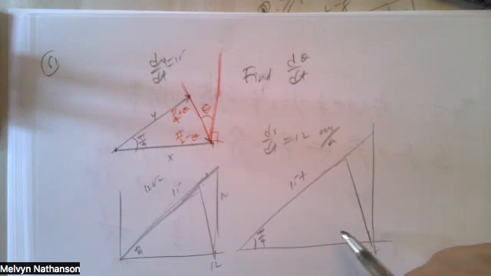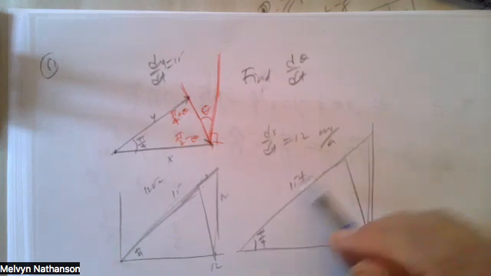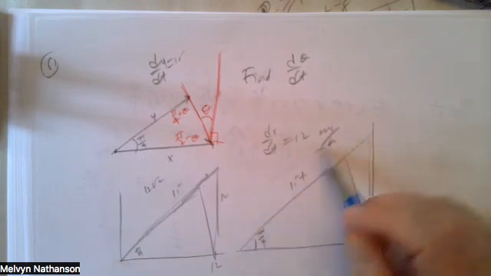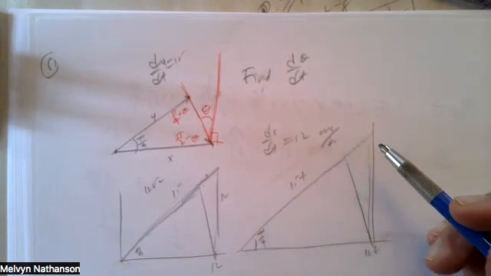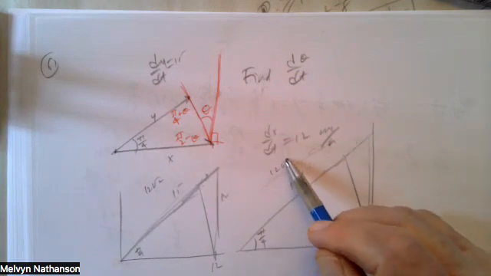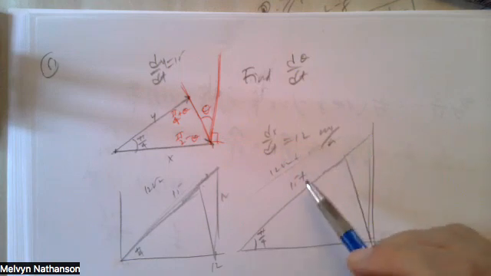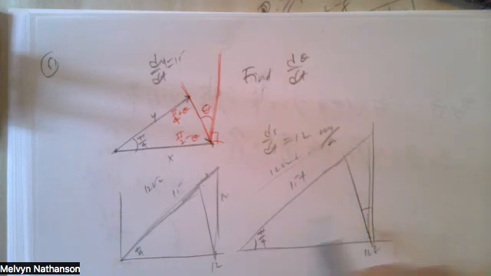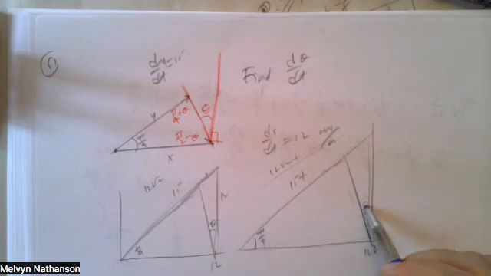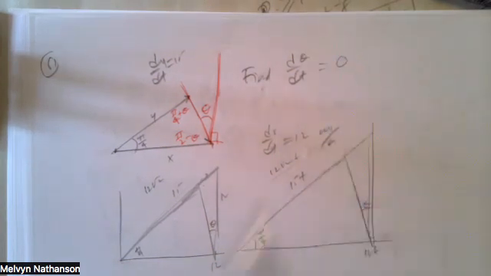And this distance is 12 times the square root of 2 t. So these triangles are always similar, and this angle is not going to change. So d theta/dt will be 0.